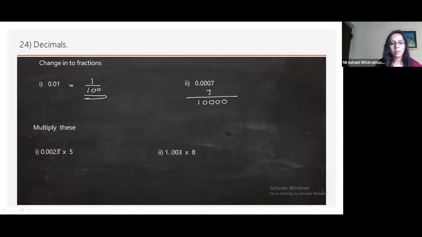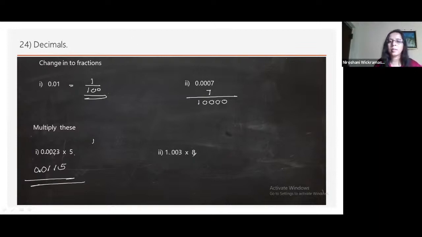Multiply these. 5 times 3, 15, 1 remaining. 5 times 2, 10 and 1, 11. Then decimal places 1, 2, 3, 4. Then this is the answer.